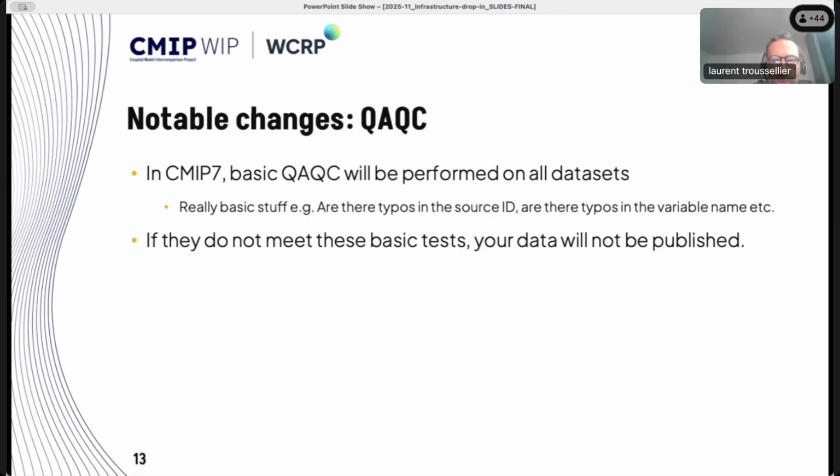Are there any typos in the source ID or in the variable name, and so on, pretty much on all the global attributes? If you do not meet those basic tests, your data will not be published. ESGF will check those before publishing. So this is quite important information. Next slide, please.